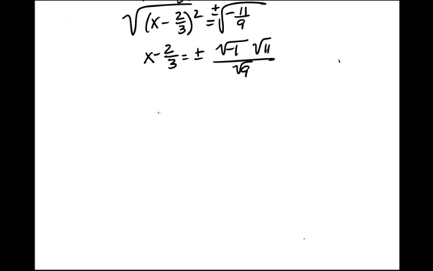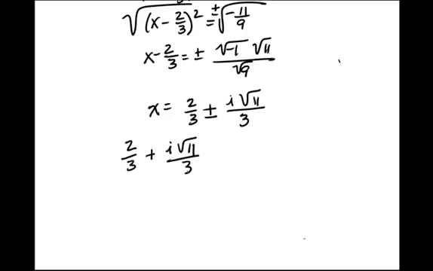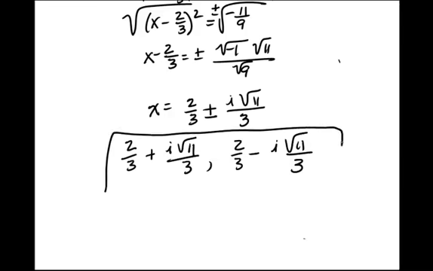Let's add 2/3 to both sides. So you get 2/3 plus or minus i square root of 11, square root of 9 is 3. So you get two answers, 2/3 plus i square root of 11 over 3, and 2/3 minus i square root of 11 over 3. And we're done.